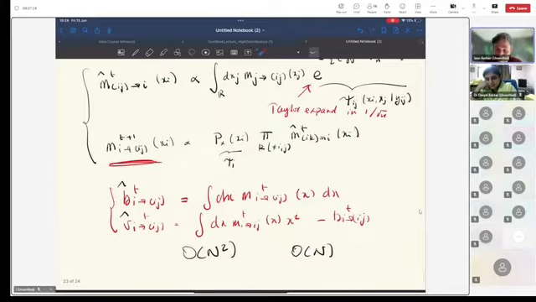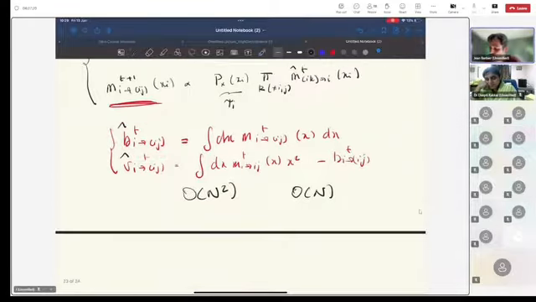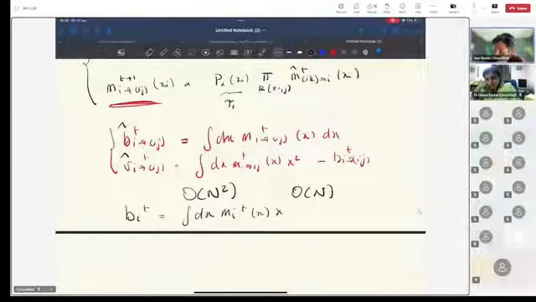And what you can show is that you can rewrite this quantity in terms of the marginal means. So you are closing the equations instead in terms of quantities which are the integral of mi, and the same for the variance, with and without a hat.